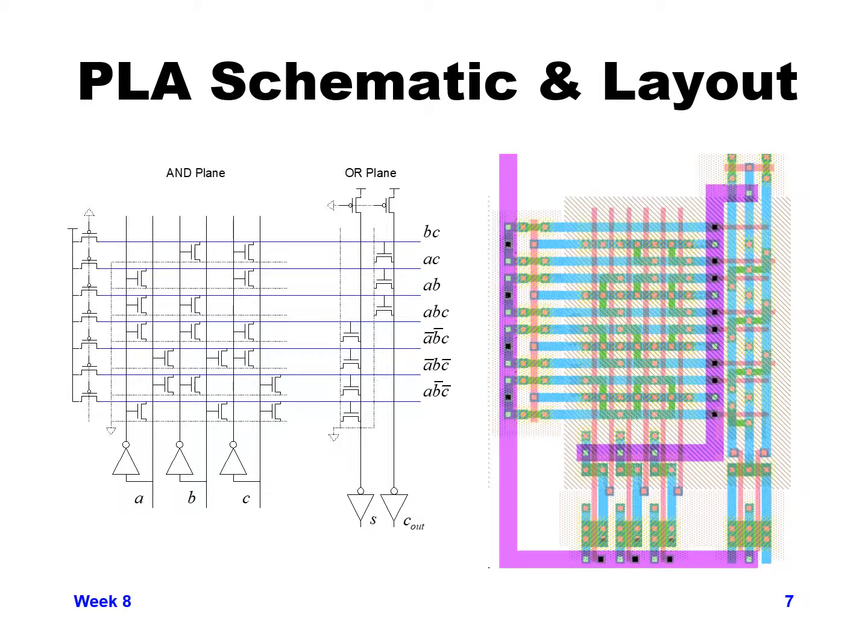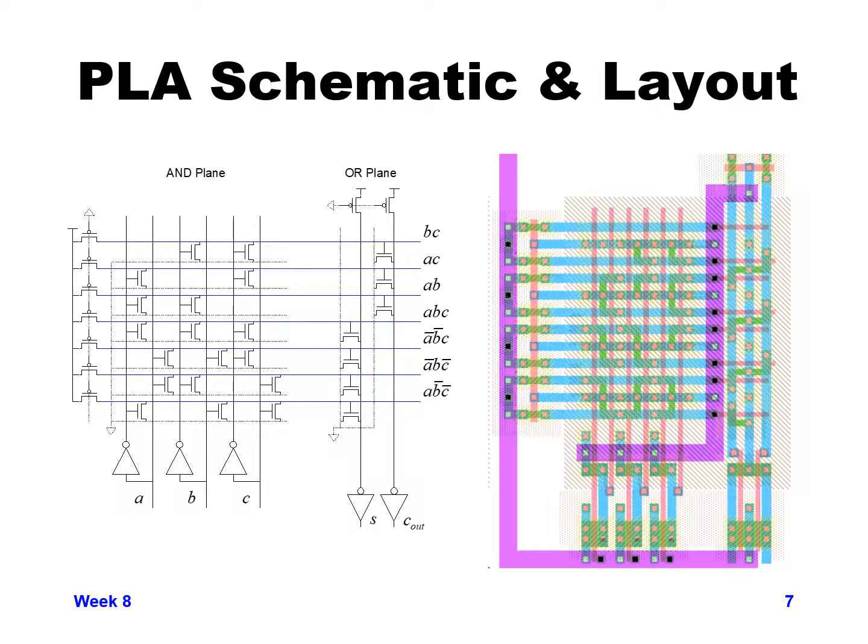So here we can see an example from the last slide, but showing the actual transistors, the schematic, and the layout. In this particular case, it's showing pseudo NMOS, and with pseudo NMOS, if you remember, if we were using domino, you can't have a domino stage directly driving another domino stage. You'd have to have an inverting stage in between.